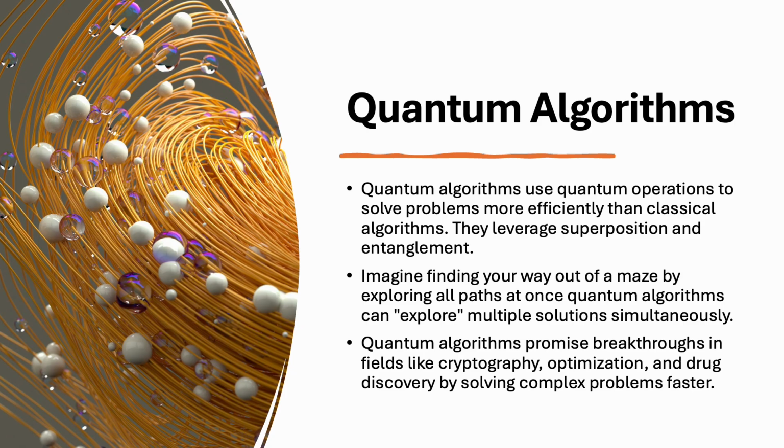A quantum algorithm is a carefully designed sequence of quantum gates that uses superposition, interference, and measurement to solve problems more efficiently than classical methods. In our game theory example, a quantum algorithm would work like this.